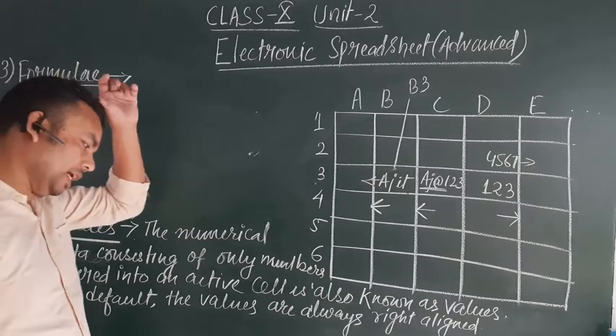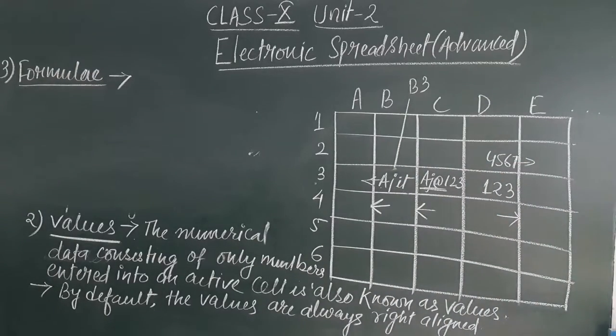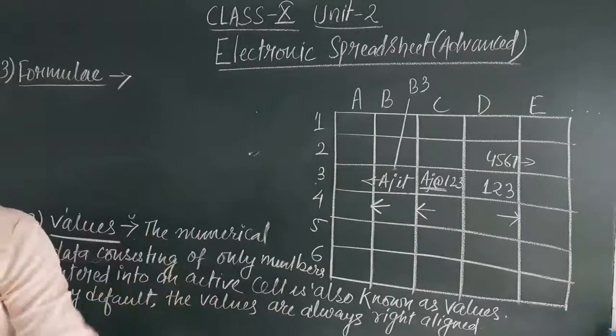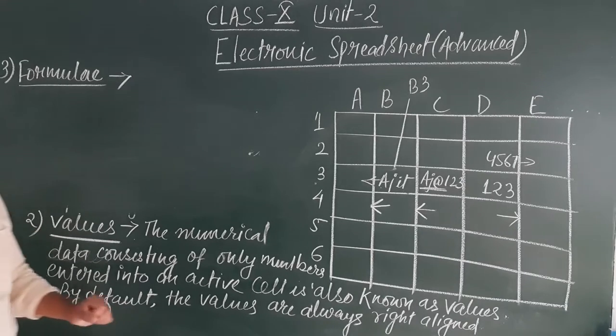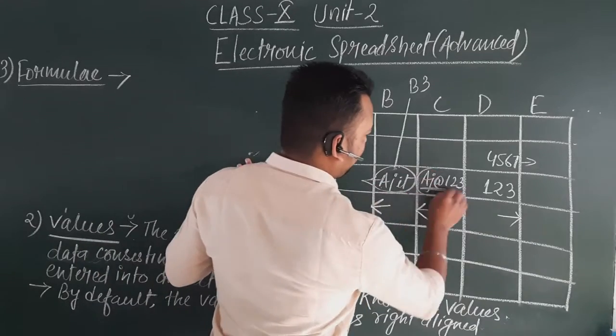So what is a formula? Let us see. See, inside any of the cells, if an expression begins with the equal to symbol, then that expression will be considered a formula. That means this is not a formula, correct? This is text. This is not a formula.